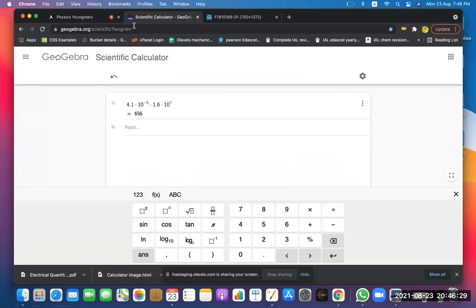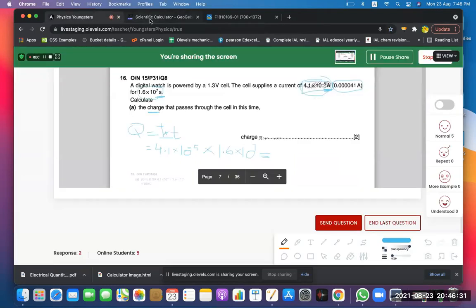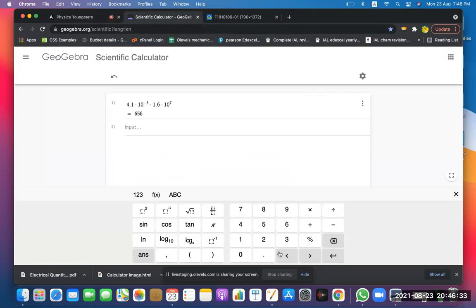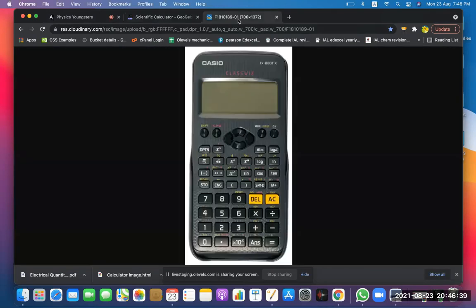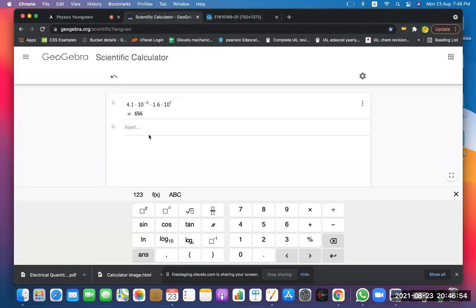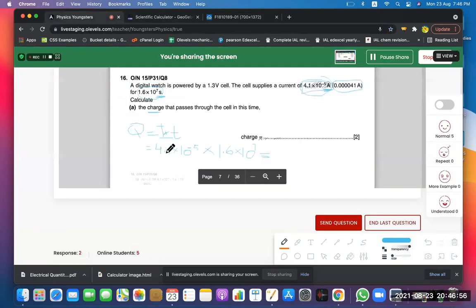Ma'am, how do we write minus in our calculator? Here, you can see the minus sign here. Look, I will show you. If you have this calculator, you can first do 4.1. Okay, Fiza, do it with me. Write 4.1.